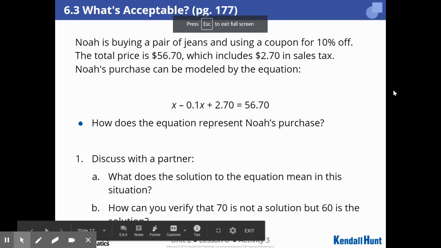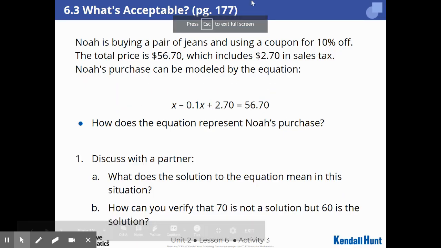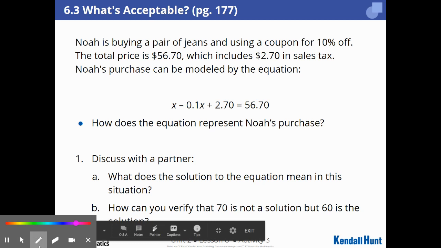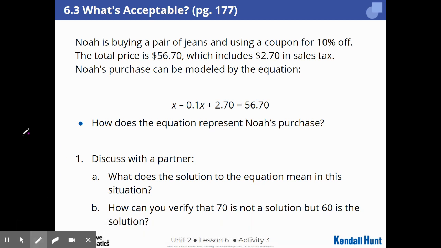All right, let's talk about what's happening here. So when you're looking at this equation, let's talk about what the solution, what x represents. First of all, they have a coupon for 10% off. That's this minus 0.1x, because remember that 10% is the same thing as 0.10, or we could simplify that to 1/10.